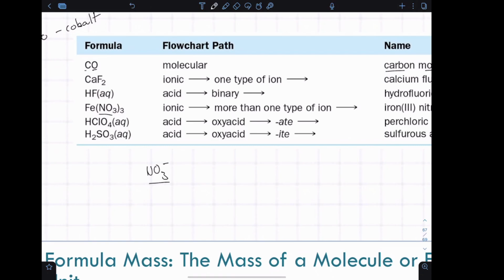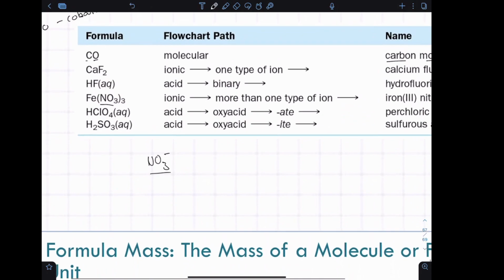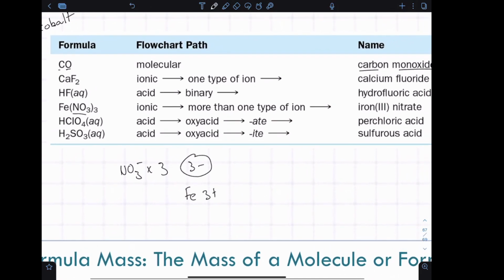So if we have 3 of those, take our nitrate and multiply it by 3, because that's what the little 3 outside the parentheses means. So that's a 3- charge total. Then the iron has to have a charge that cancels that out, so it would be a 3+ charge. And that's why this is iron(III) nitrate, iron 3 in Roman numerals.